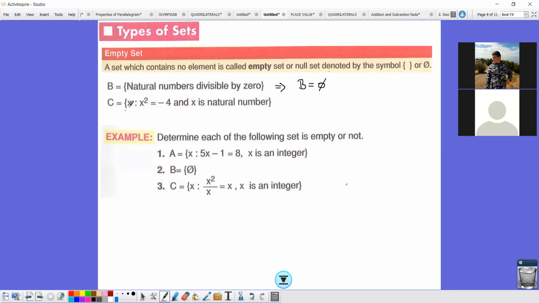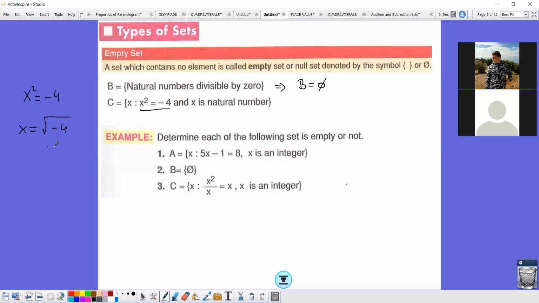For example, in C, it says x squared is equal to -4 and x is a natural number. Do we have any natural number that will satisfy this one? We take a square of it and it will be a negative number. Can we solve this one? x squared is equal to -4. What is the root of -4?